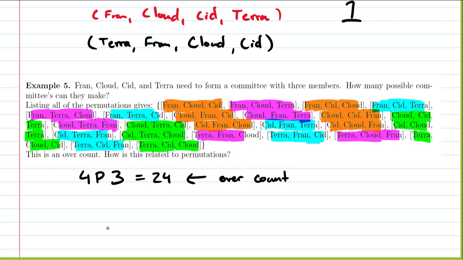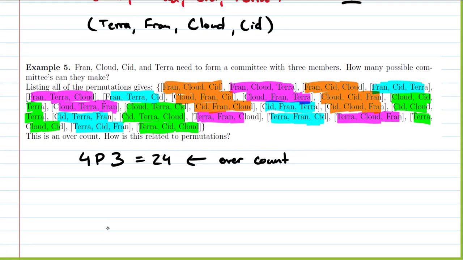Well, let's see. We had 24 possible ordered pairs that contained what size of things? 3. How many ways can we arrange a set of size 3? 3 times 2 times 1. Oh, 6. That's why all of the colored subsets were size 6, because we were rearranging groups of 3 things.